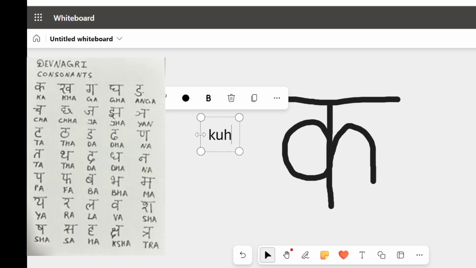In the chart, all these consonants have sounds that end with the A. This A is always a closed mouth A sound. This is true for all the consonants that you see on the chart. So the first one is k.